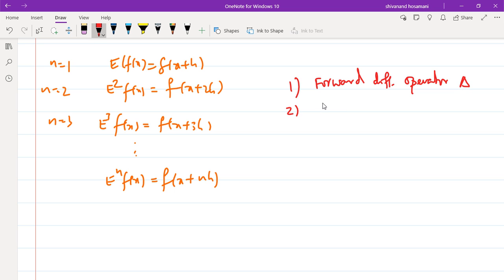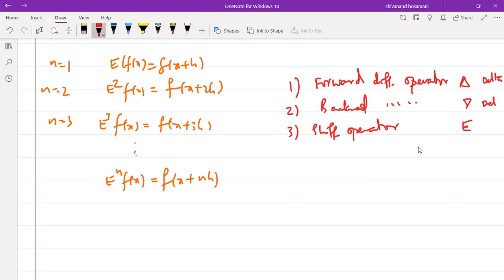The second one is the backward difference operator, denoted by del. The third operator which we have studied is the shift operator, and it is denoted by E, the capital English letter E.